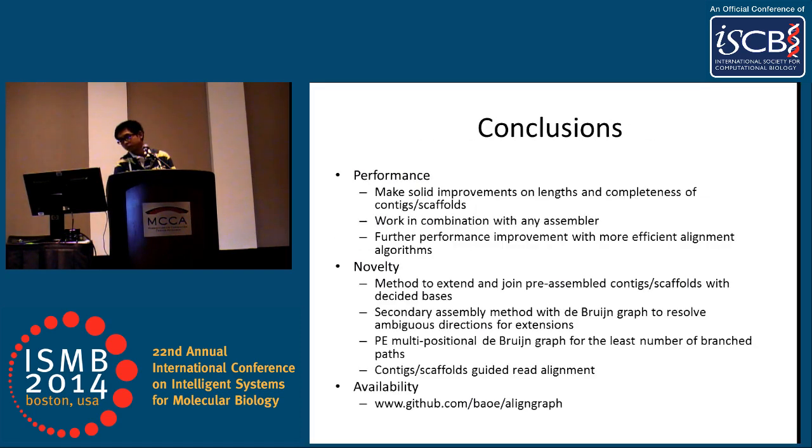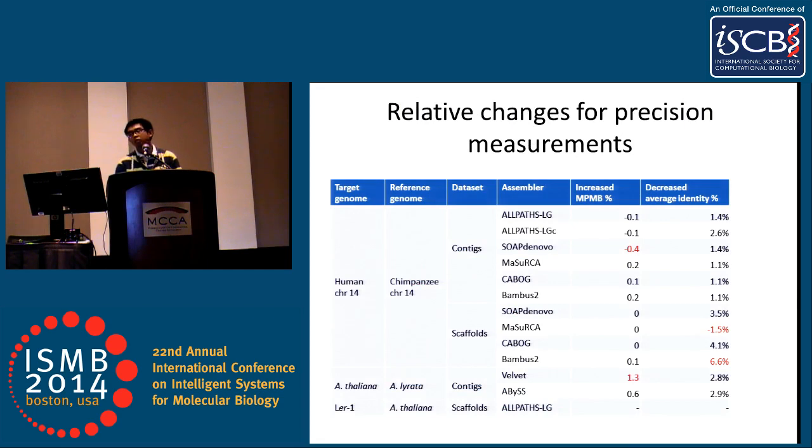Yeah, like you do introduce much more errors, or? So sometimes we have a decrement of the N50 corrected value, but actually sometimes we may have a little bit better value. Okay, thanks.